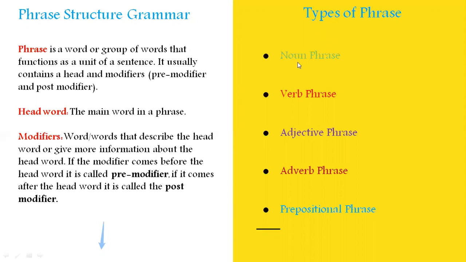And the first one is noun phrase, then verb phrase, adjective phrase, adverb phrase, and prepositional phrase. याचे जे काही उदाहरण आहेत, we'll talk about all these examples separately because these are very important points, not only from exam point of view, but they are very important in understanding the workings of a language. आणि हे तुम्हाला एकदा लक्षात आलं तर मला वाटतं तुम्हाला लँग्वेज कशी वर्क करते हे तुम्हाला लक्षात येईल.